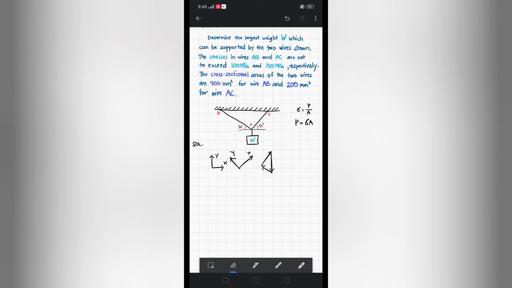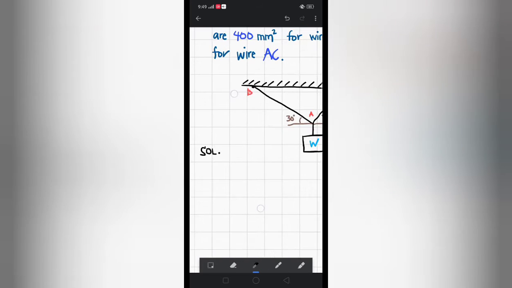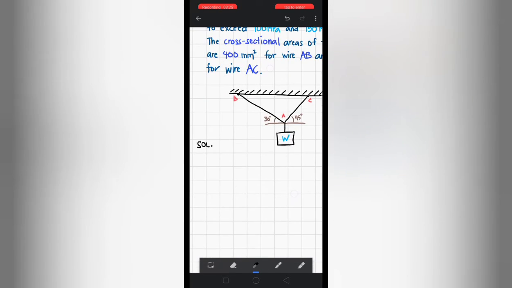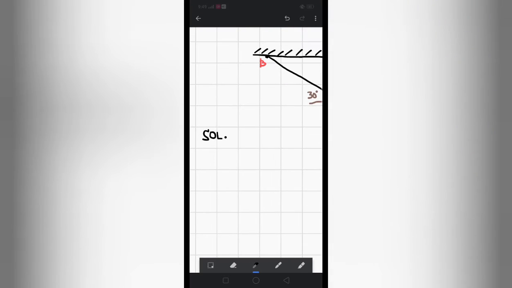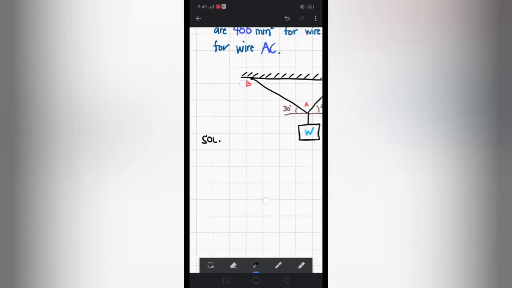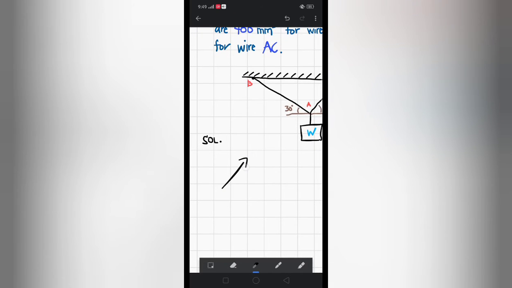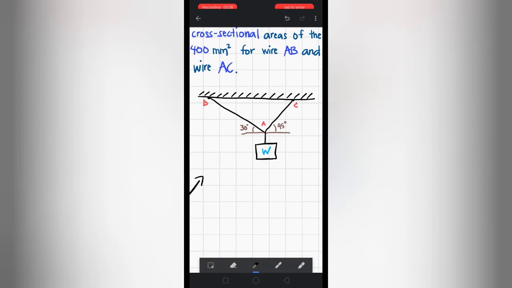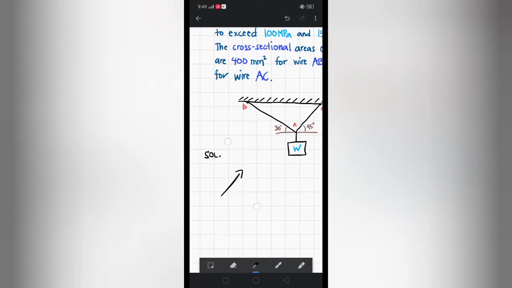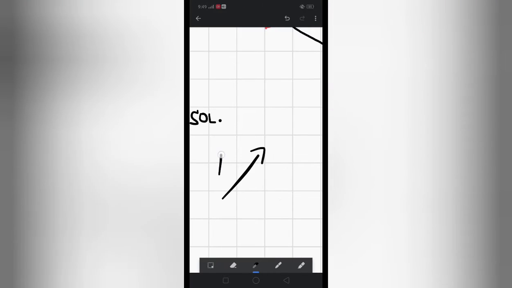So you can choose whichever you want here. For my solution here, I will just use the force triangle. To do that, just remember head to tip or tip to tail. Since wire AC is in tension, in order to support this weight W, we'll draw it like this.